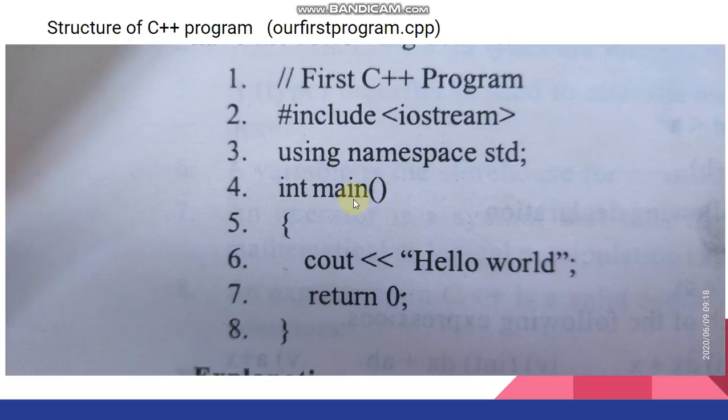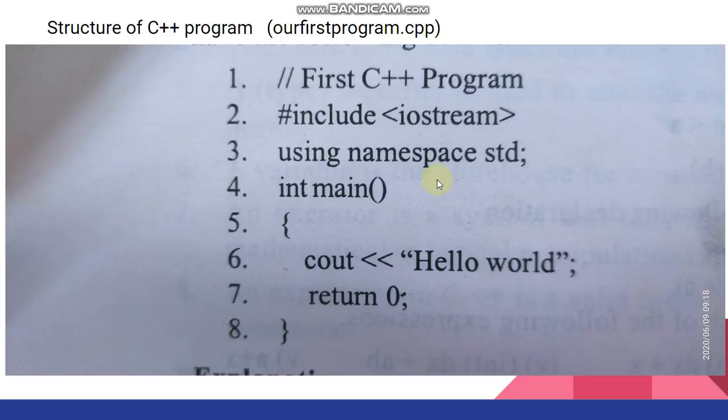This is a very important function. This program consists of only one function called main. I repeat, a program can have any number of functions, but it must have only one function named main.